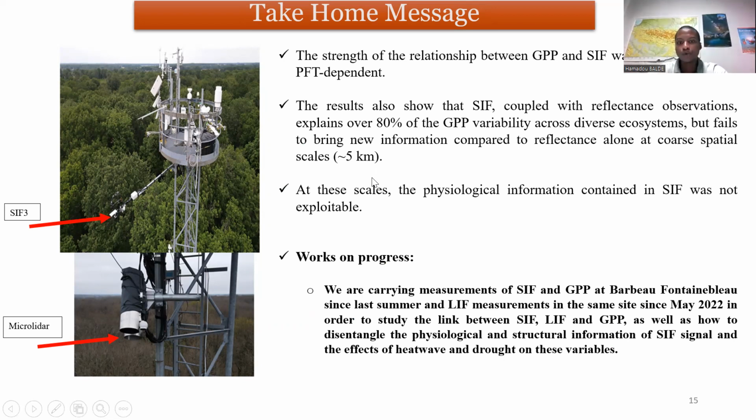We assume that at these scales, exploring the physiological information content in SIF is quite hard, because with the spatial scale, the physiological information in SIF is averaged with the structural information content.